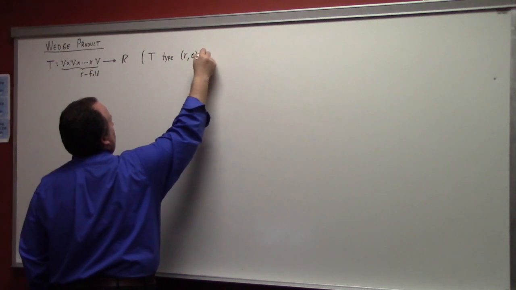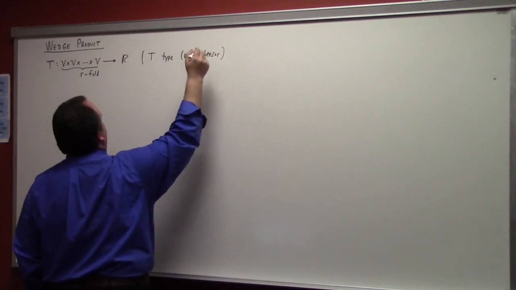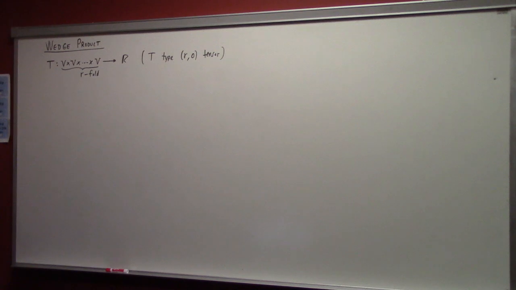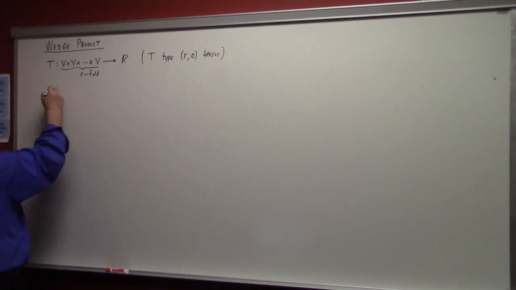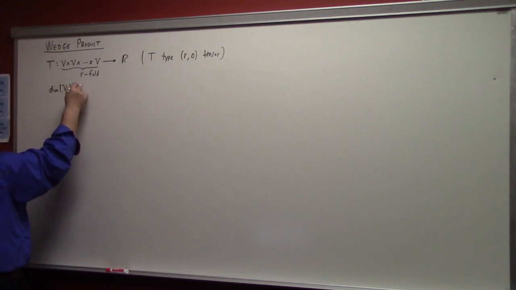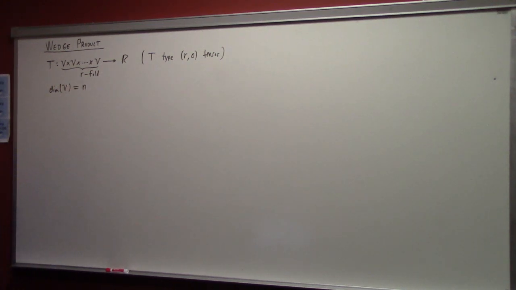R0 tensor, I think, yeah. All right. So I'd like to define what I mean by that being completely symmetric or completely anti-symmetric. So in order to do that, I need a little bit of notation. And here the dimension of V is, we're going to assume, n.